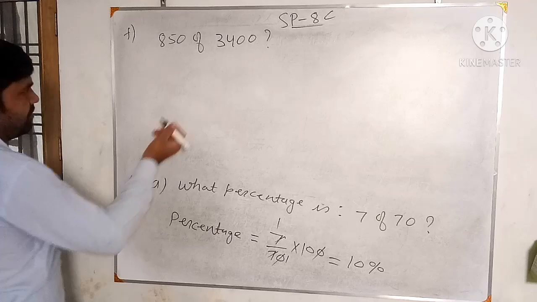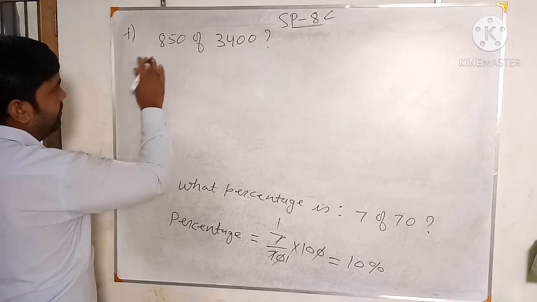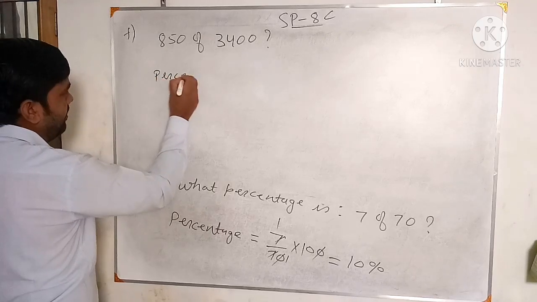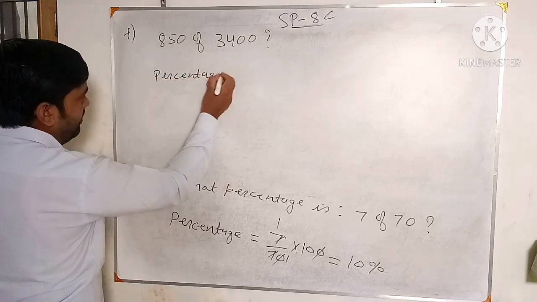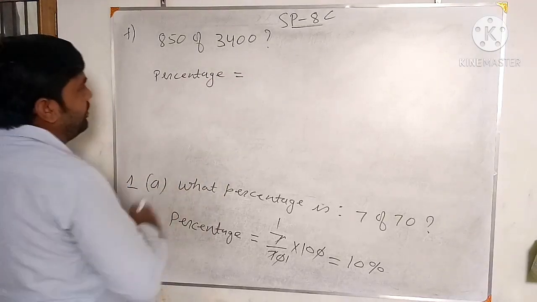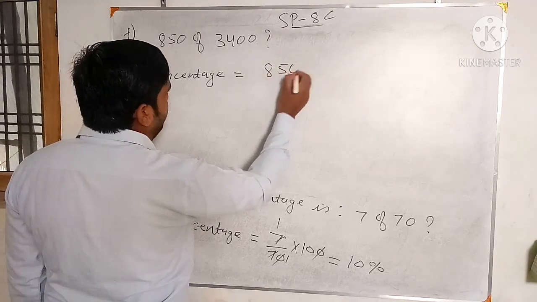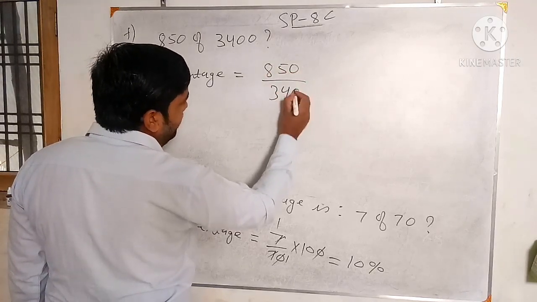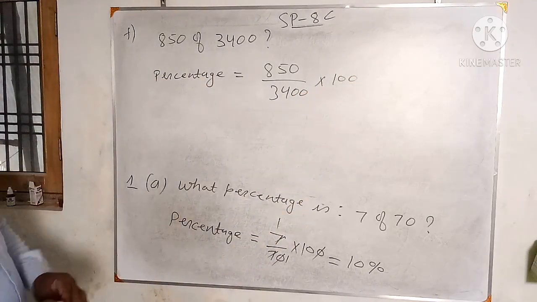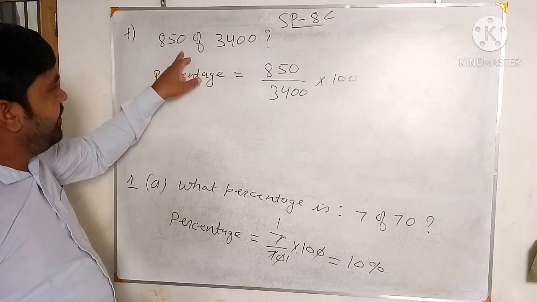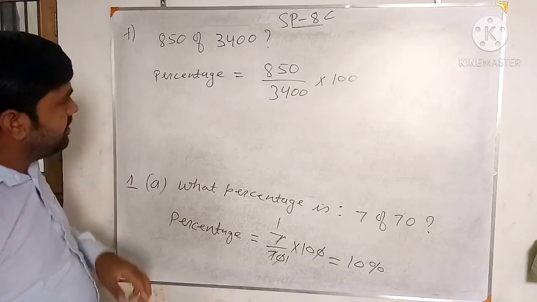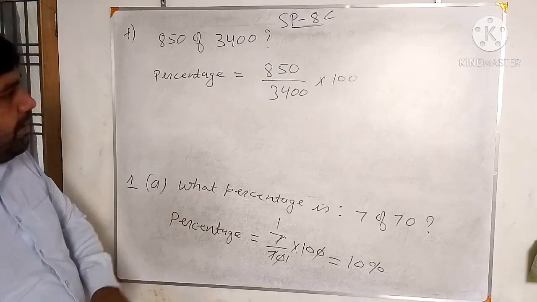So what will be its fraction? Percentage equals 850 out of 3400 multiplied by 100. So the percentage is 850 upon 3400 multiplied by 100.